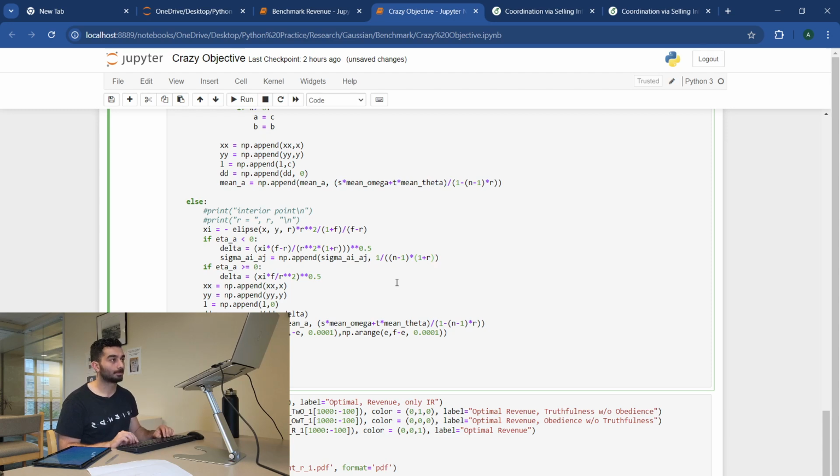That's it. That's the whole denominator, n minus 1, 1 plus r.